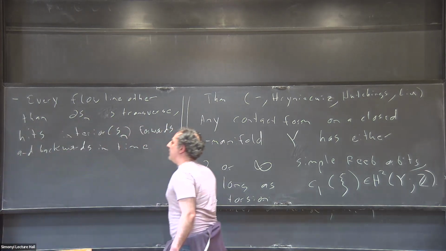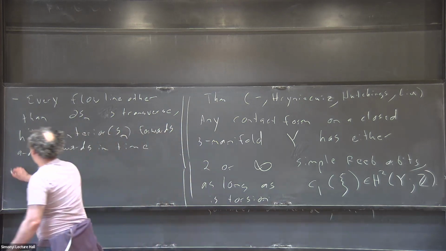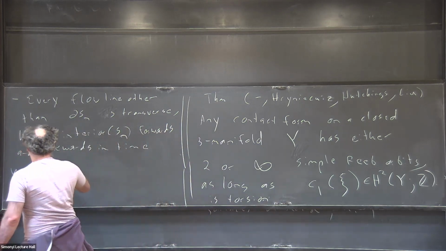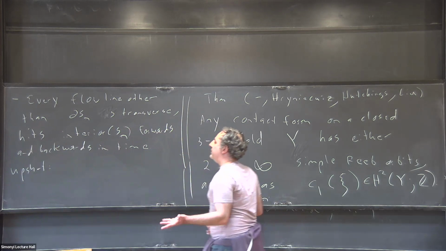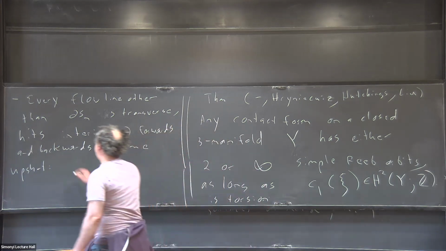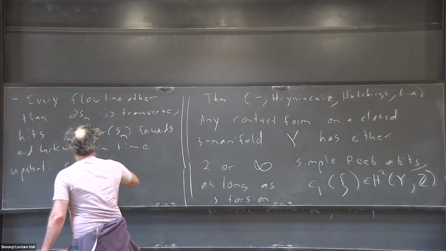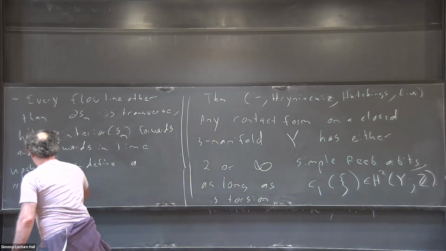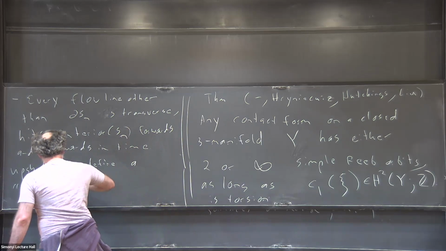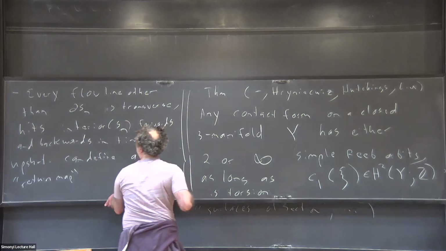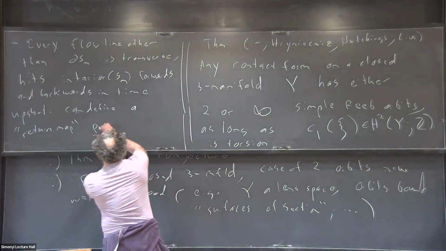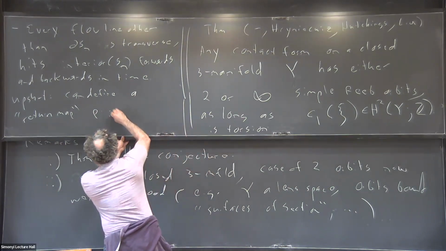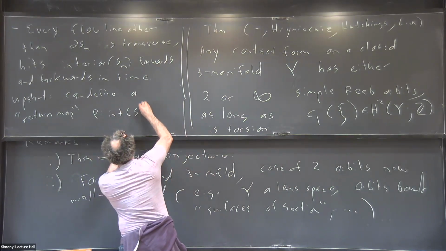Okay, I'll pause and see if you have any questions. But at any rate, the upshot of why we actually care about these is that if I have a global surface of section, I can define a return map P from the interior of S_n to itself.